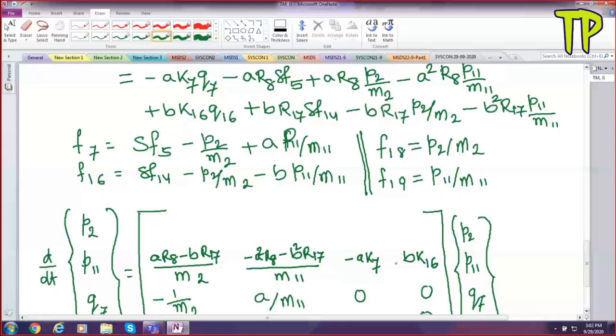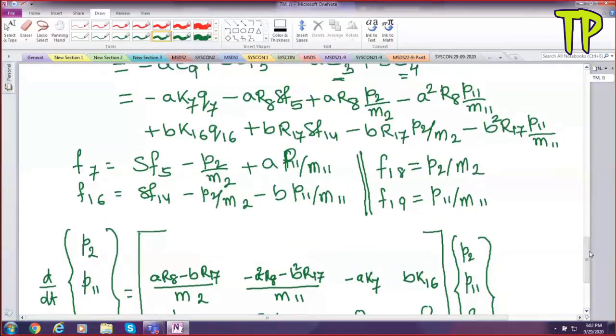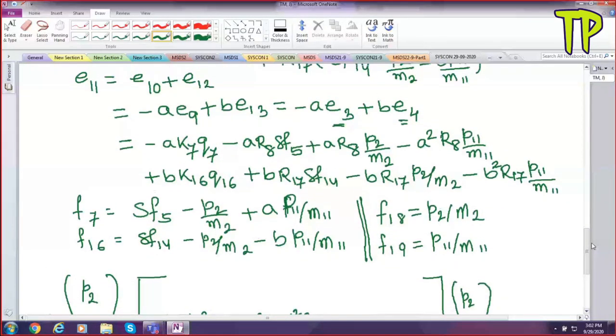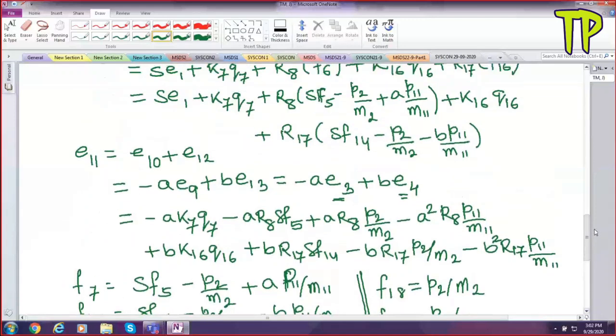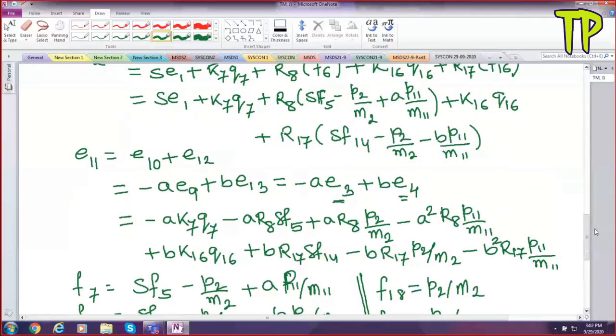So we wrote from there directly. Then before that, we have R8 by M2 in P2, R17 by M2 in P2.